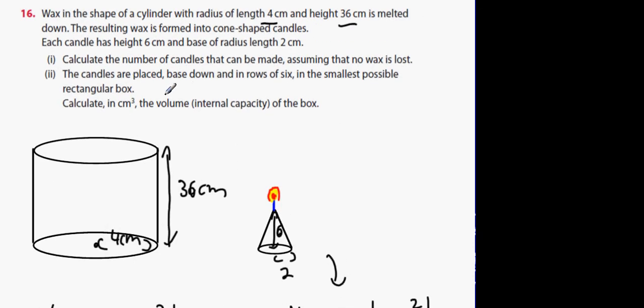The candles are placed face down in a row of 6 in the smallest possible rectangular box. Calculate the internal capacity volume of the box. So what I want you to imagine is this. Basically this, isn't it?